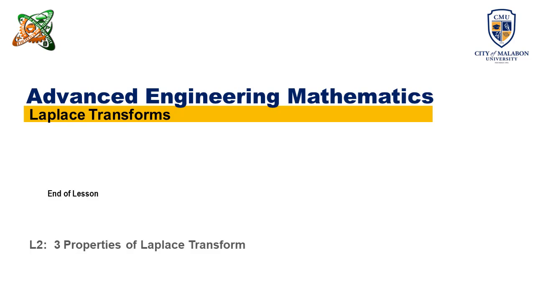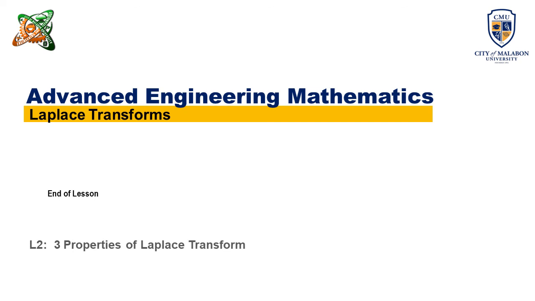Okay? So, that's the end of this lesson, some properties of Laplace transforms. To sum it up, we recalled the definition of Laplace transforms. We discussed three properties of Laplace transforms. First, we have the linearity theorem, which we use for combinations of functions. This means that the transformation is distributive.